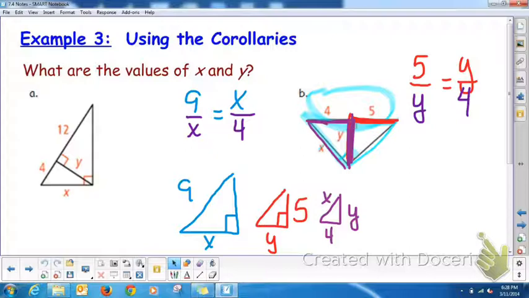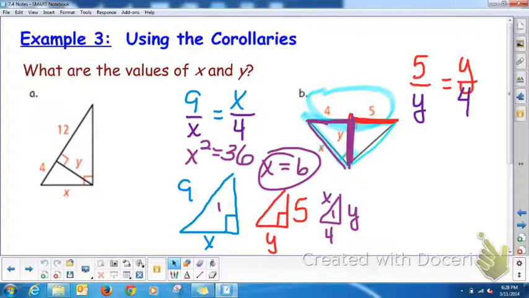So the proportion that you could write to solve for x, I would use the blue triangle and the purple triangle. And I would say hypotenuse over hypotenuse equals short leg over short leg. So I would cross multiply and get that x squared is equal to 36. And therefore I know that x is 6 because the square root of 36 is 6.